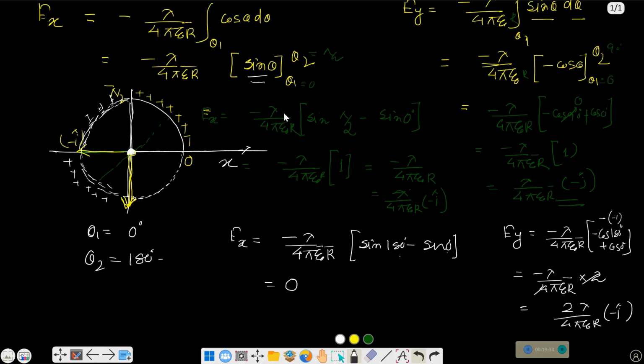So if you know the range of theta for a wire in the form of an arc, then you can find the electric field using these formulas and this procedure. If you know the procedure, it is very easy to calculate the electric field at the center of the arc using this method, okay. I hope all of you have understood this problem.